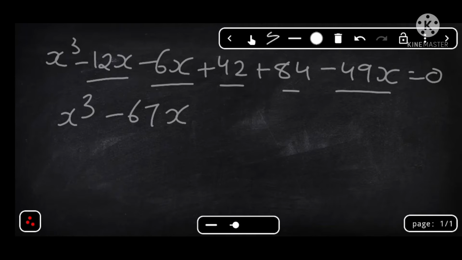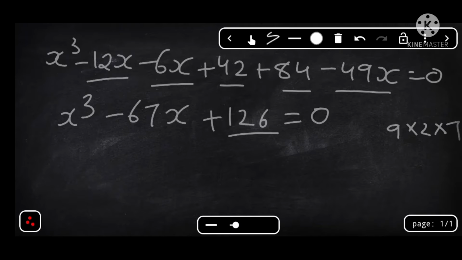Then add 42 and 84, it will be plus 126, which is equal to 0. Okay, so if we factorize this 126, we will get it as 9 into 2 into 7. Okay, it's one of the factors.